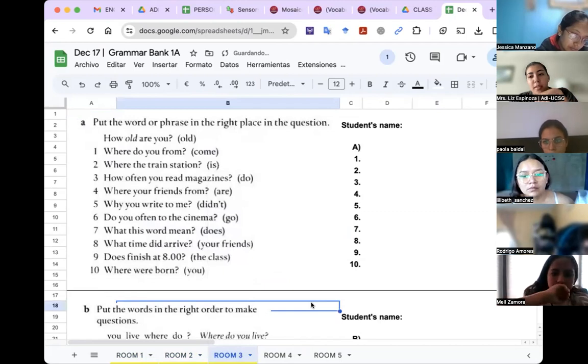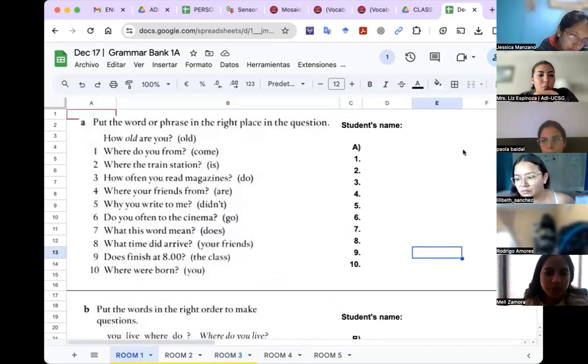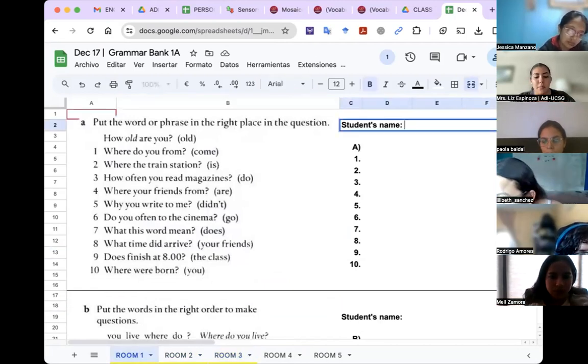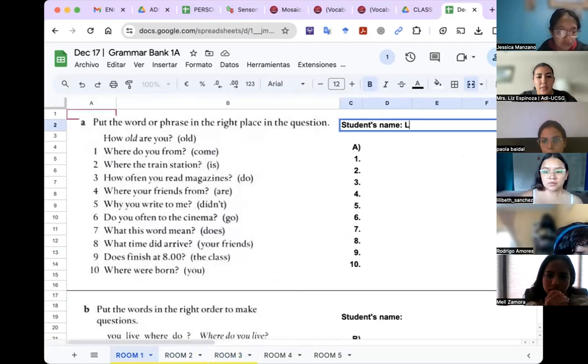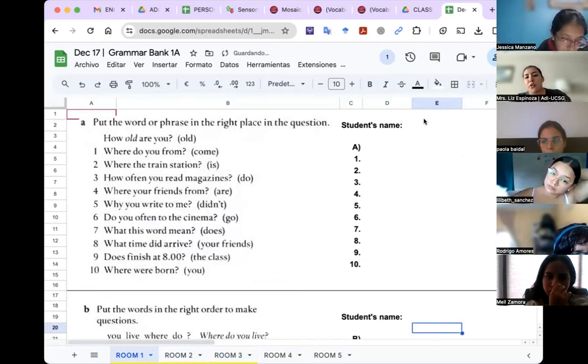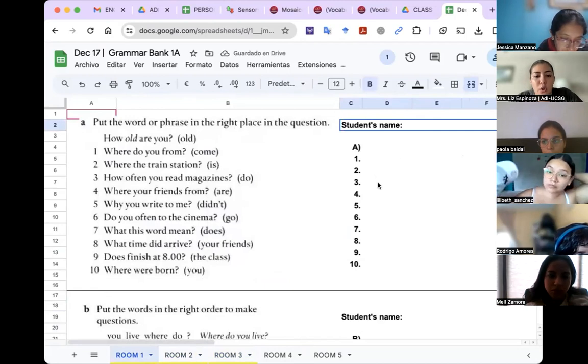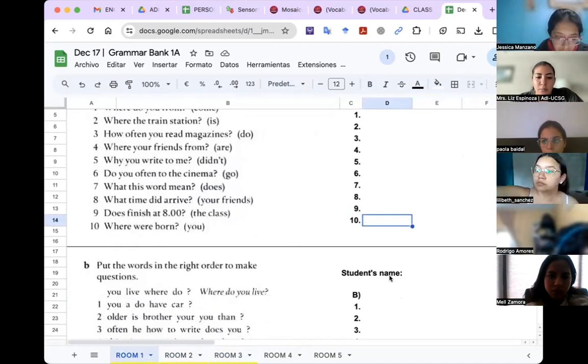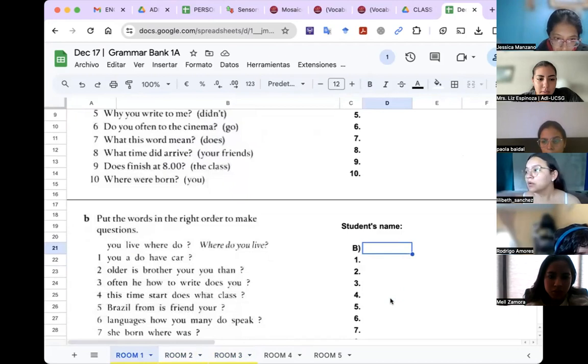Later, you will work with this person probably in the pair work task, okay? So in room 1, I'm going to put my name here, Lisa Espinosa, and then Rodrigo would choose a student name B. If you put your name here, you complete the sentences. If you put your name here, you complete these ones.